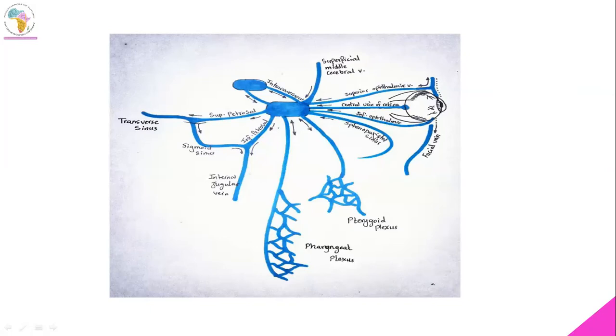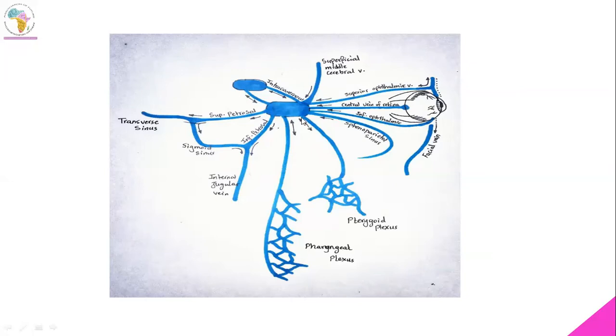We have some tributaries coming from the sphenoparietal sinus, the superficial middle cerebral vein, and the middle meningeal vein. The drainage is mainly through the superior petrosal sinus, which goes back to the junction between the transverse sinus and the sigmoid sinus. And then we have the inferior petrosal sinus that drains into the internal jugular vein.